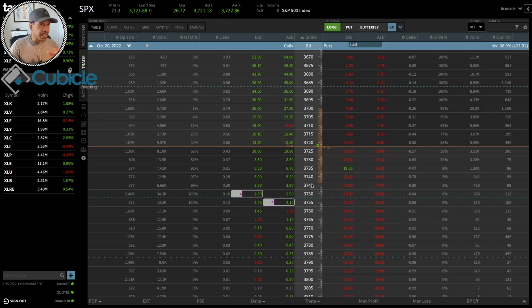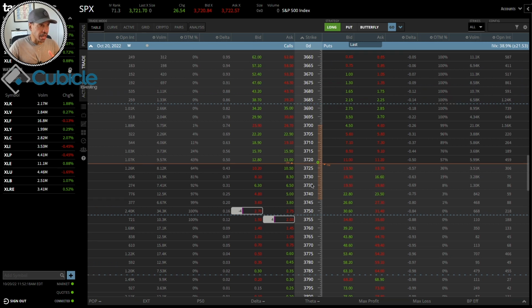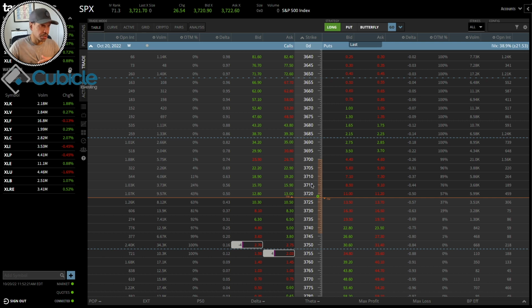The idea for an option seller, which is what I primarily trade, is this: I don't like to buy options, I like to sell options, because when you buy an option, you have to be right about the direction in which the underlying moves. But when you sell an option, you're just looking for the price of the underlying to stay within a particular range.